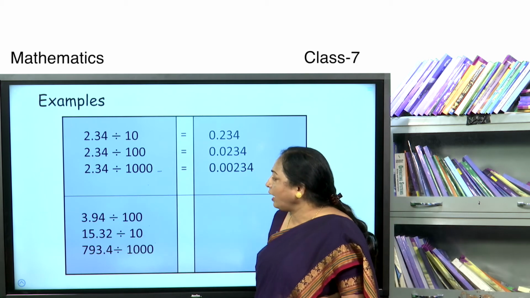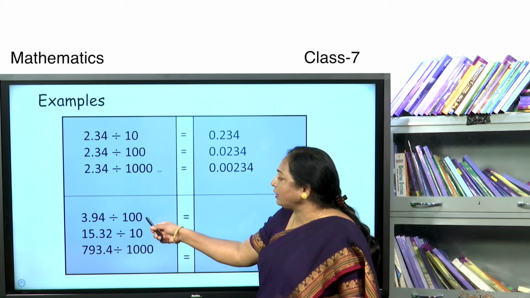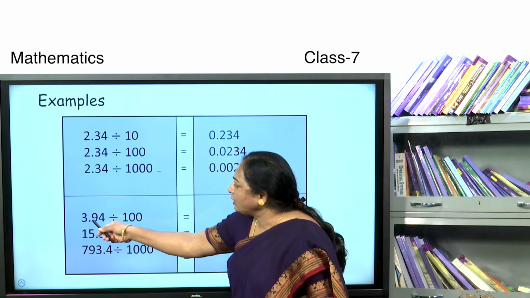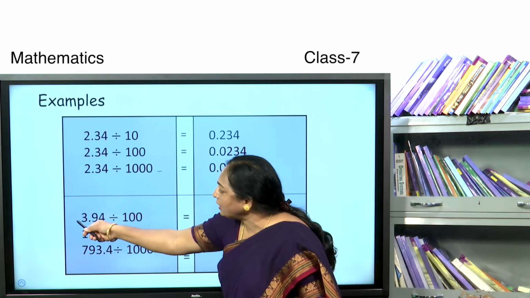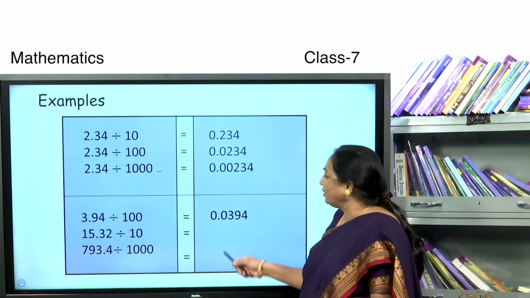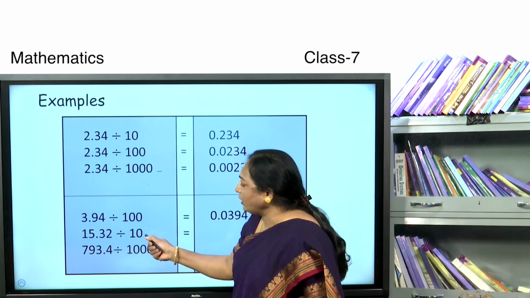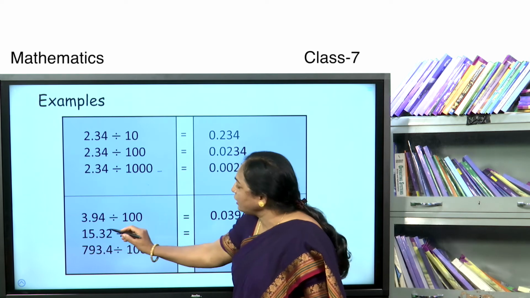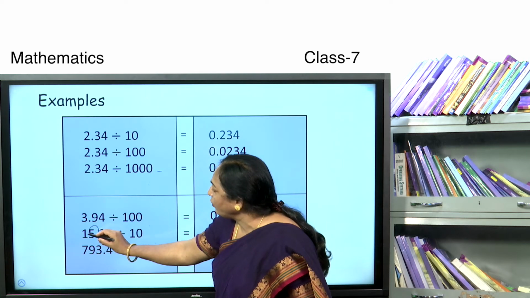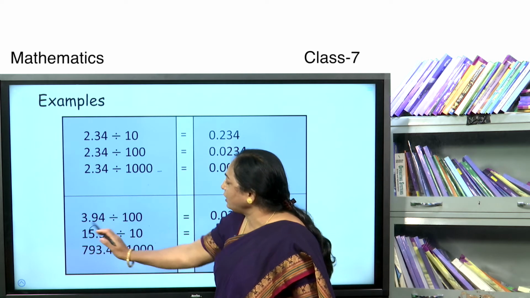3.94 divided by 100. 2 zeros are there. Therefore, the decimal point shifted 2 places towards the left, that is 0.0394. 1 zero is here. Therefore, the decimal point shifted one place towards the left.